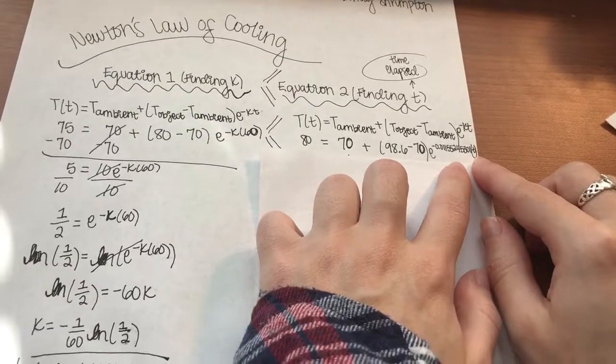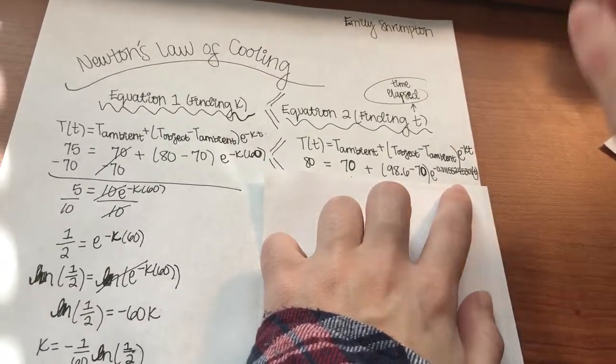It is the time elapsed between time of death and time of discovery.